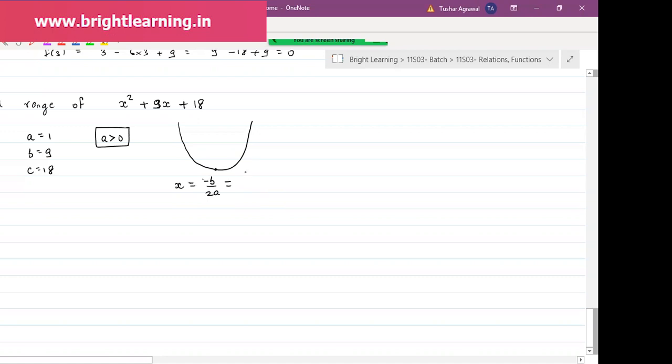So x equals minus b upon 2a, that is minus of 9 upon 2, it's minus 9/2. So the minimum value of the expression occurs at minus 9/2. f of x is minimum at x equal to minus 9 upon 2. So you just have to find the image of minus 9/2. So f minimum is actually f of minus 9/2.